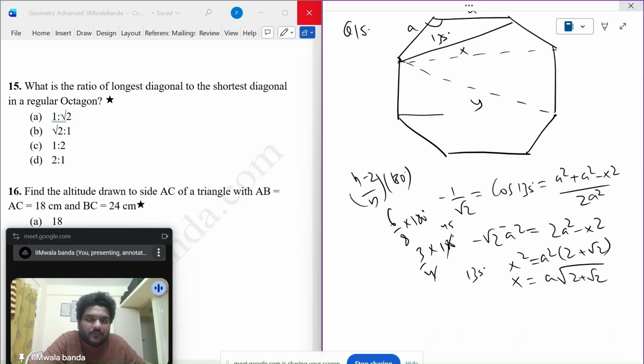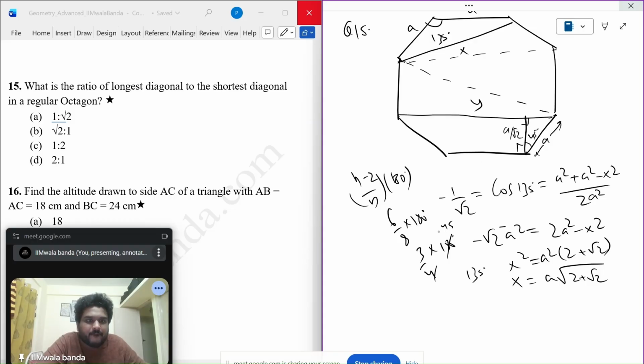Let's find out the longest diagonal. So if you look, this is A, this is 90 and every angle is 135. So this is 45. Can I say this is A by root 2?